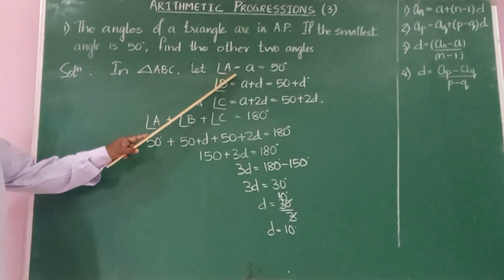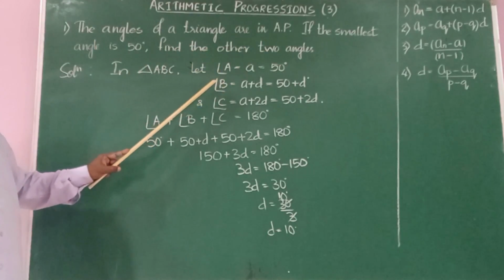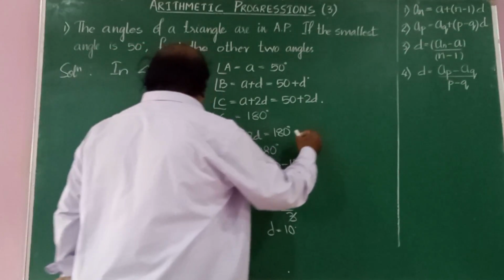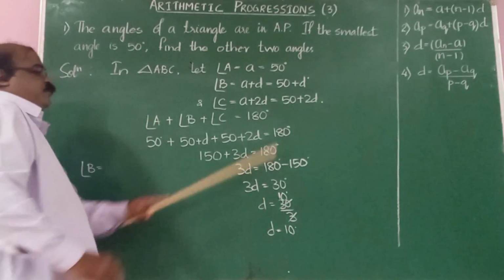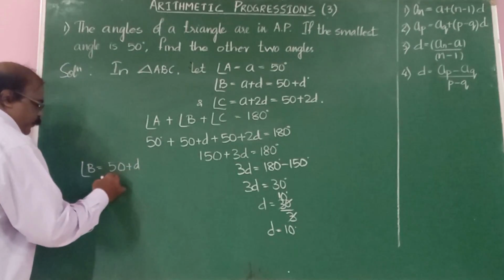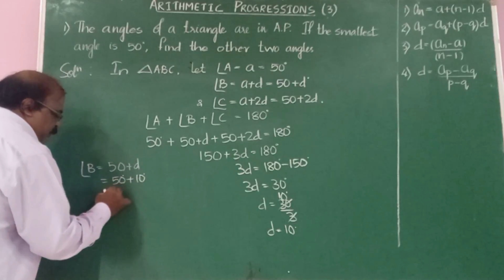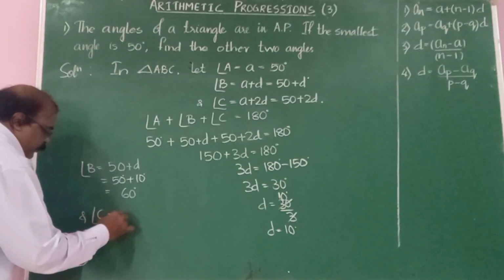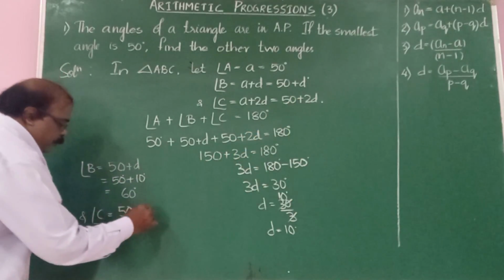I knew the value of the angle A is 50. I asked you to find out the other two angles. So let's find out what is angle B and what is angle C. Therefore angle B is 50 plus d. 50 plus d is 50 plus 10, which is 60 degrees, and angle C is 50 plus 2d.